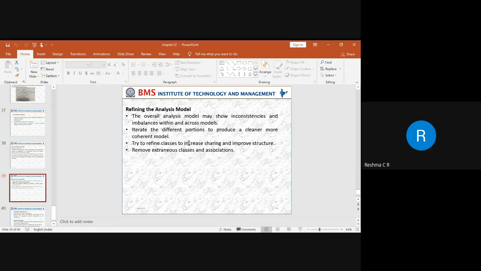After identifying that, we need to iterate the different portions to produce a cleaner and more coherent model. That means we need to have a proper relationship between all the three models. Whatever you have done with respect to a class model, whatever behavior you have specified in the class model, has to come with respect to state modeling.